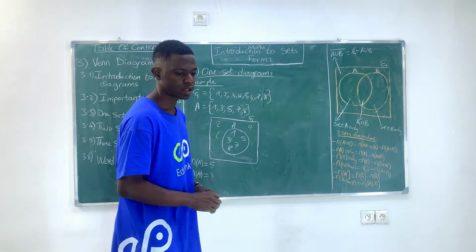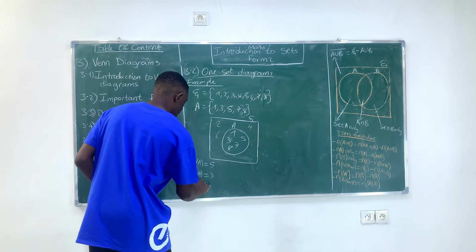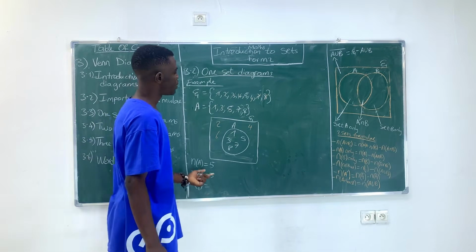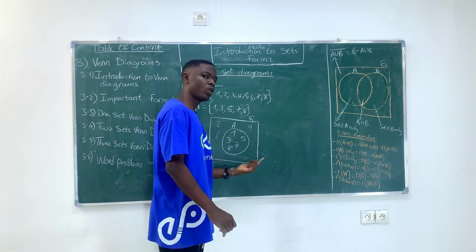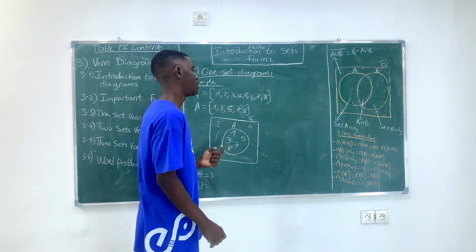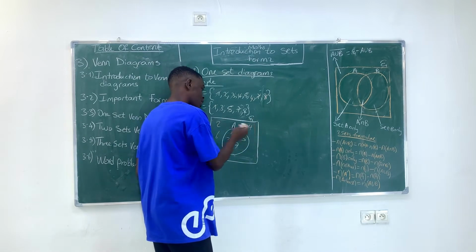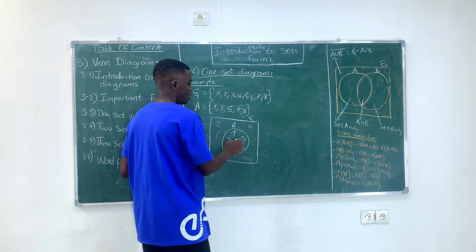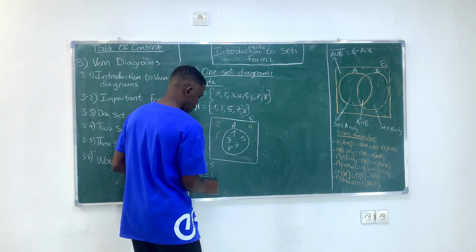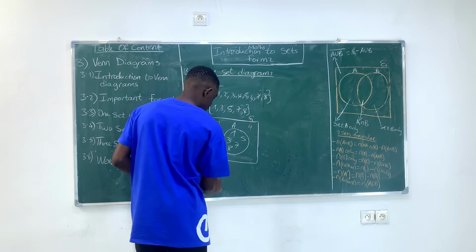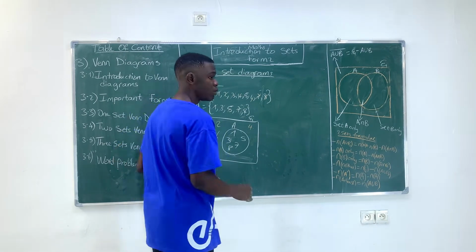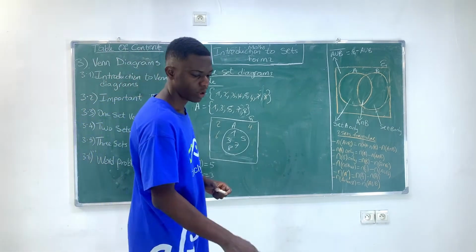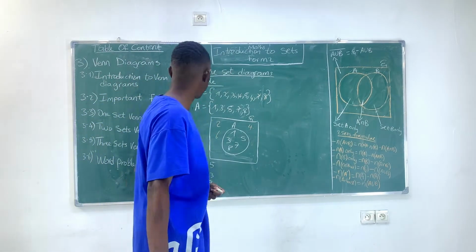And you can have N of the universal set. N of the universal set means the number of elements which are in the whole universal set, the number of elements everywhere. So when you count, what is it going to give you? 1, 2, 3, 4, 5, 6, 7, 8. 8. So in that case, you are counting all of the elements found everywhere. That'll be all for the first example.